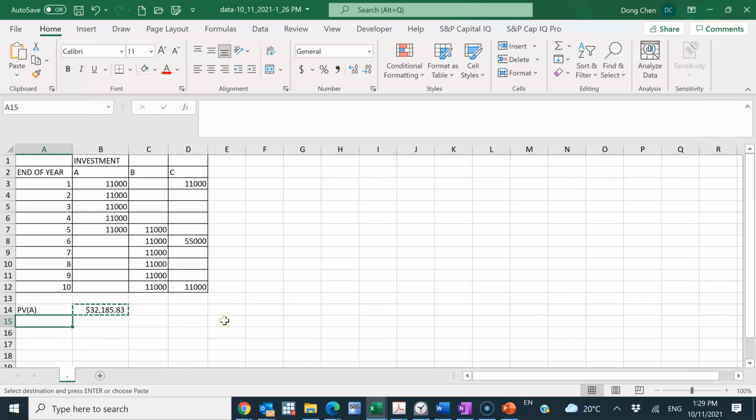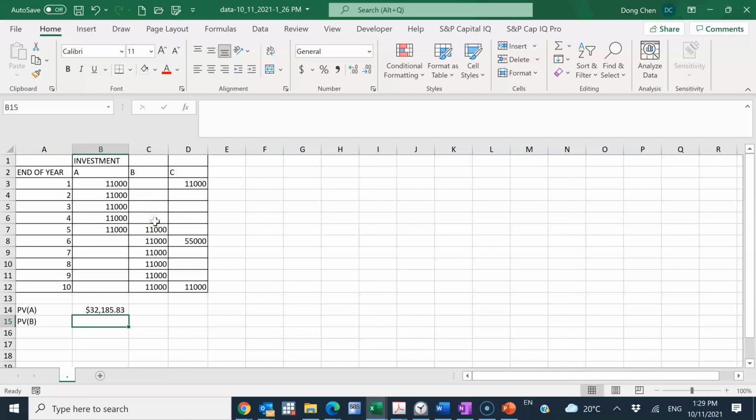What's different about B is that it looks like an annuity, because every year the cash flows are the same, but we're actually ignoring year 1 through year 4, right? All these 4 years there's no cash flow.